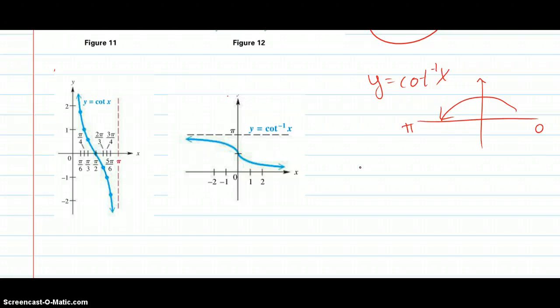You can see an example of that if I do y equals cotangent negative 1 of negative 1.